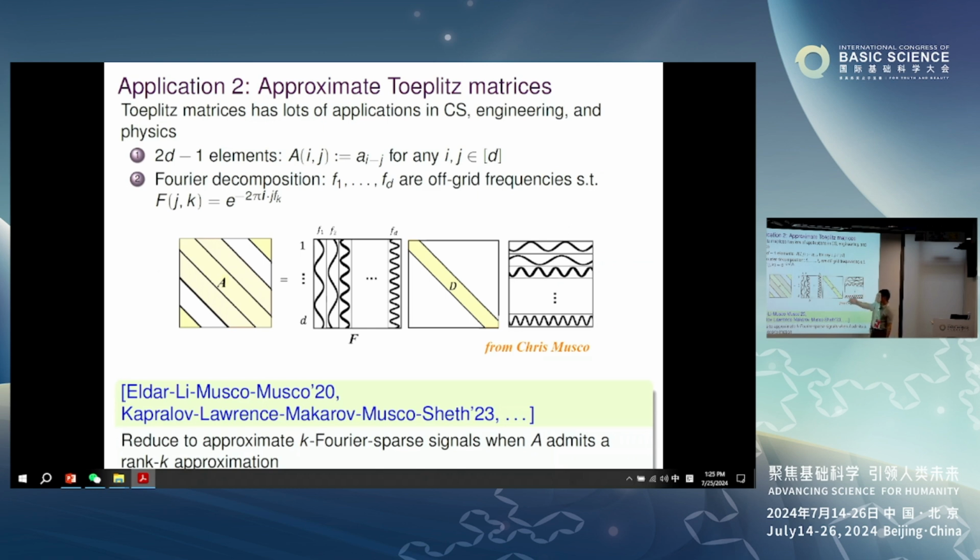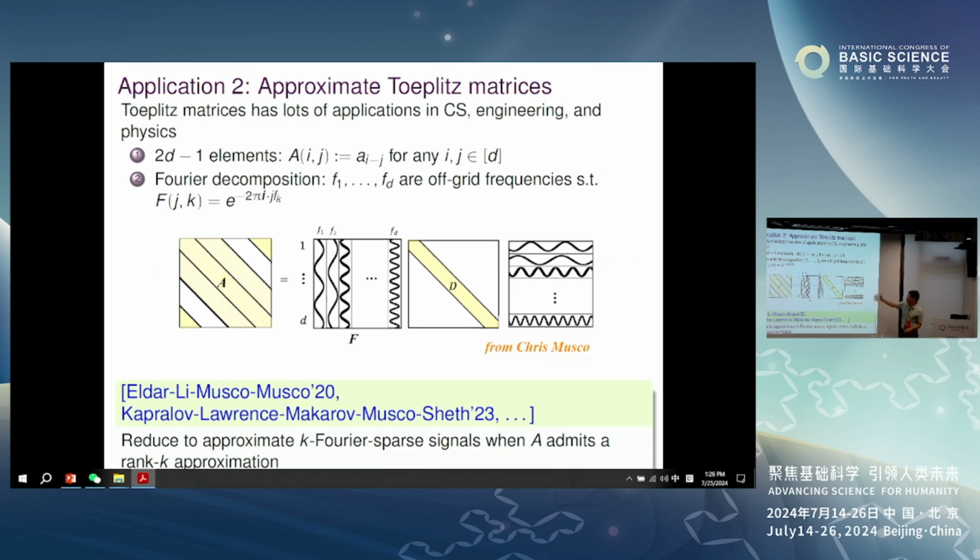So the rough point is that when the Toeplitz matrices admit a low rank approximation, then we may be able to apply the k-Fourier sparse algorithm to approximate those matrices. I think that's at least my understanding. Maybe Jerry has a better sense.